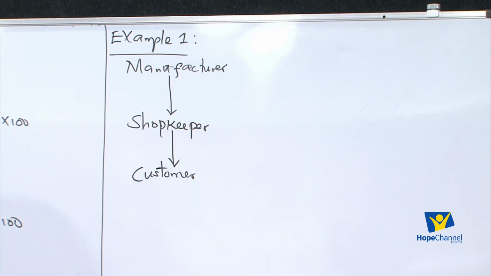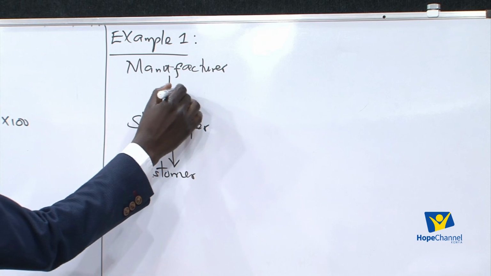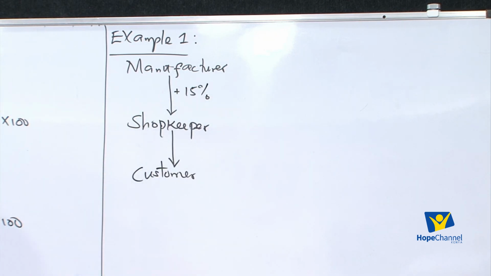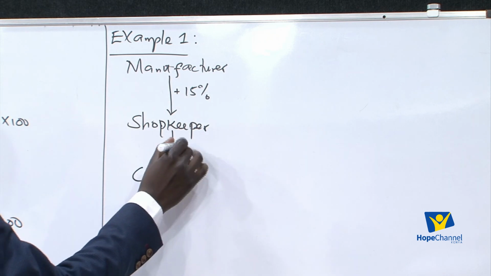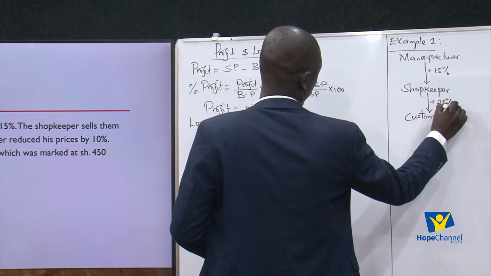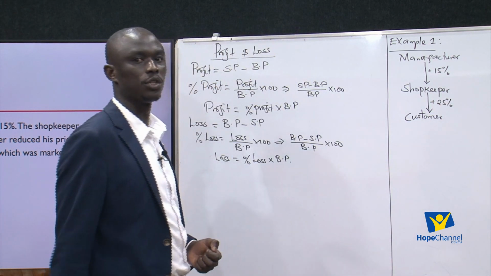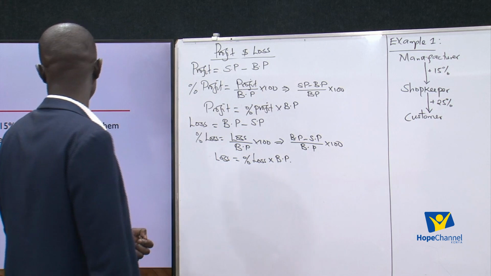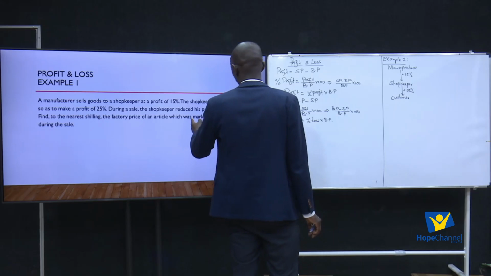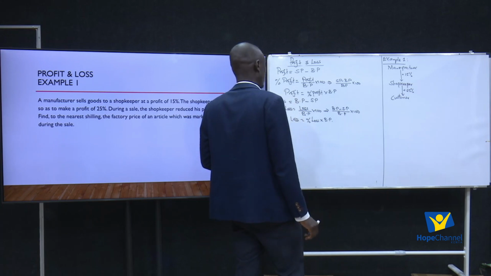So the manufacturer makes a profit of 15%. The shopkeeper also makes a profit of 25%. Then we are also told that during a sale, the shopkeeper reduced his price by 10%.